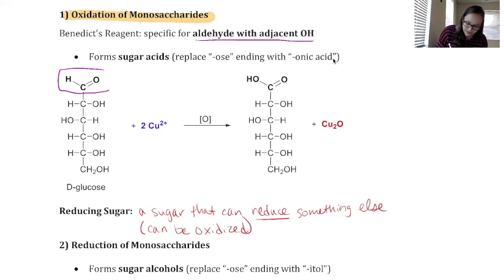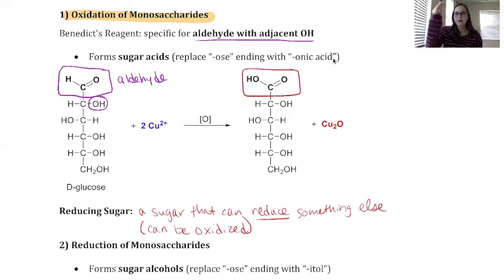So in this reaction, we have our aldehyde that has a hydroxide group right next to it, adjacent to it. In our Benedict's reagent test, we're going to add our copper ions and our oxidant, and we end up getting a carboxylic acid out.